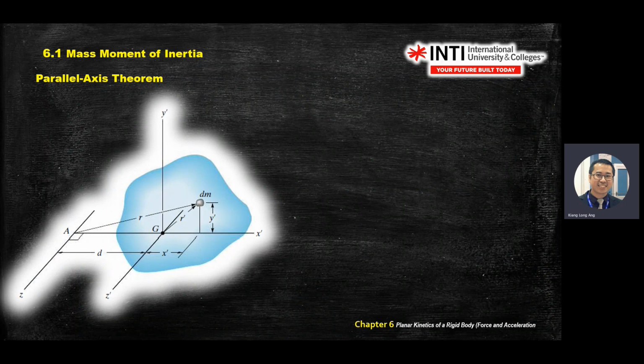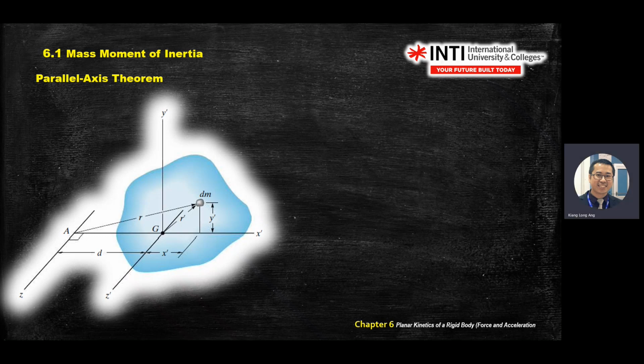So we start to introduce you the parallel axis theorem. What is the parallel axis theorem? Let's say you have a body, you have a center of gravity, center of mass, and then there is an element of mass, a small mass that you want to study. You have a fixed reference plane, Z, and then your x-axis is a static observer at point A. So when you look from A to the dm, there is a translating axis, x prime, y prime.